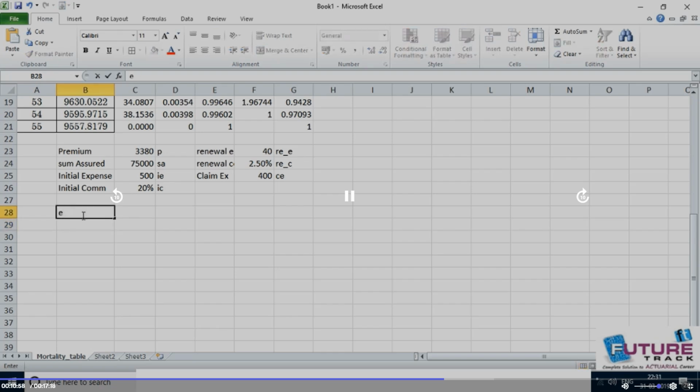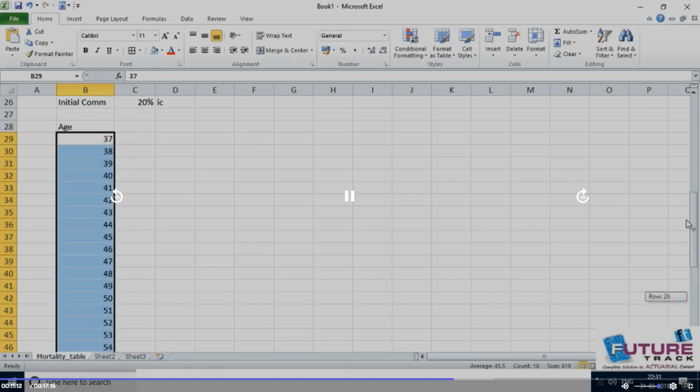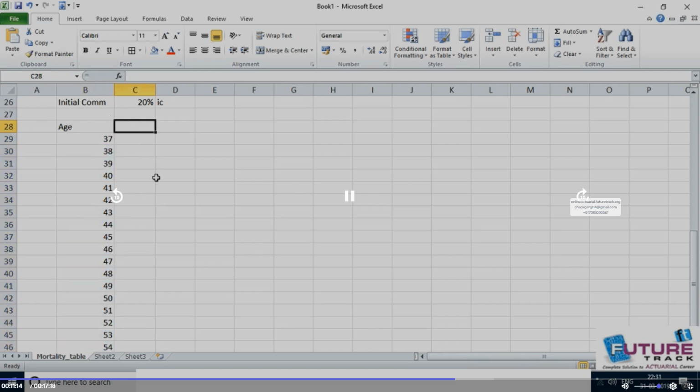Age, let's write 37, 38. Policy year at the start of the year.